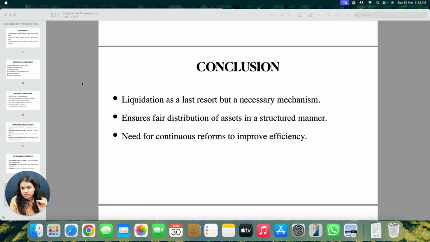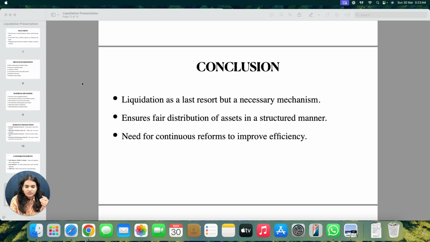Liquidation is considered to be the last resort. As I've told you, it is considered corporate death, but it is a necessary mechanism. Even CIRP is ideal if the corporate debtor has scope to continue as a going concern. But we cannot continue having a sick corporate debtor, a sick industry.